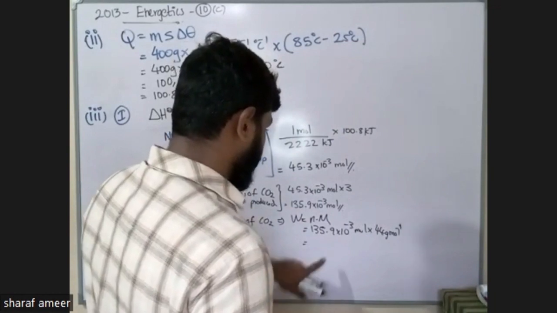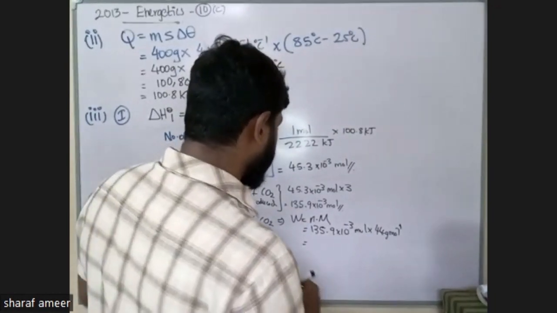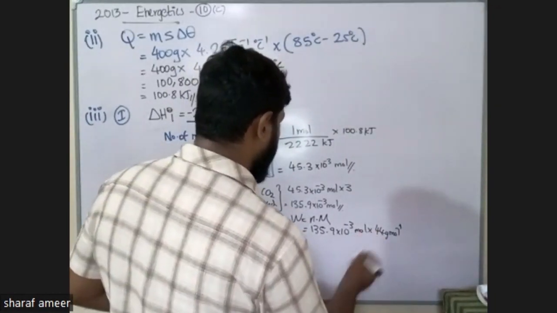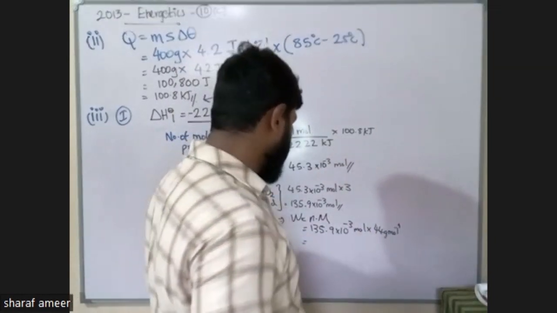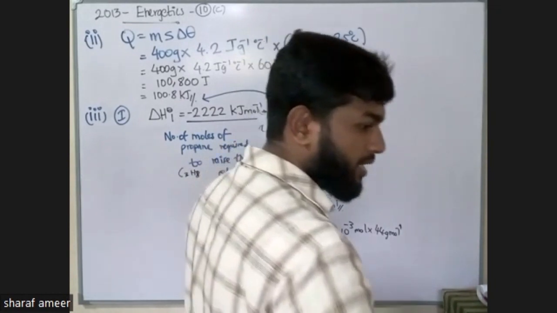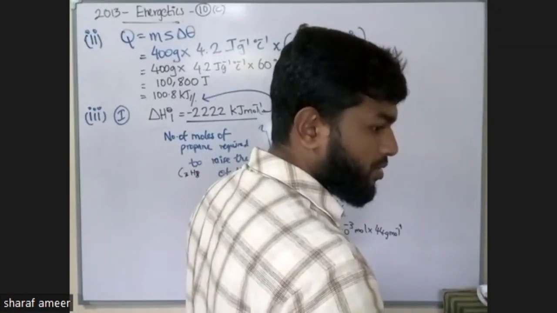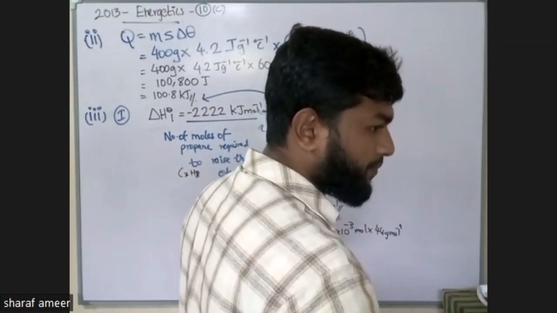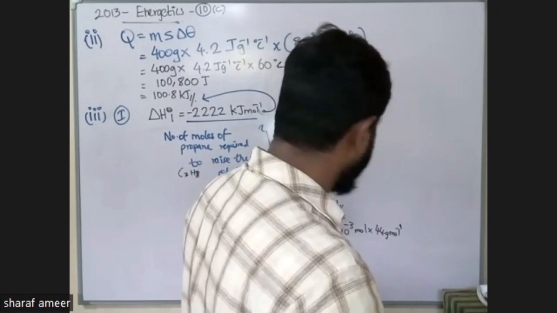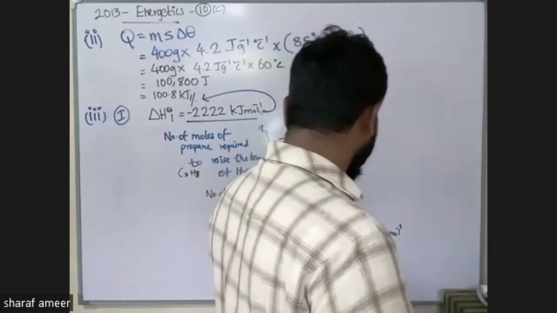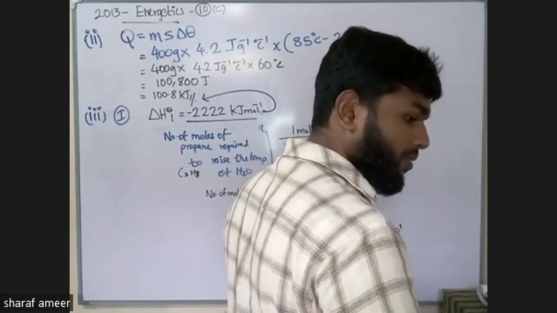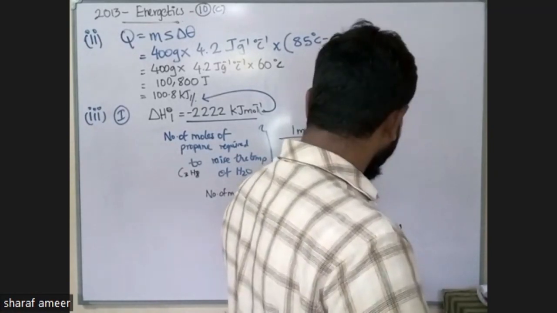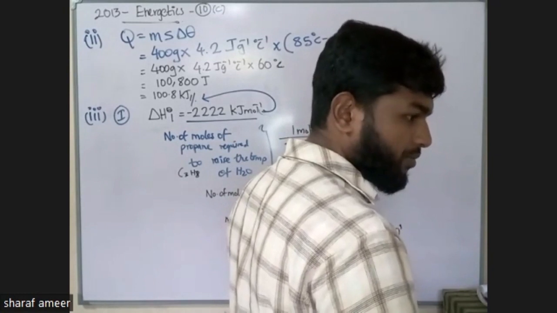So therefore, by seeing here, we can multiply this one here, right? So by further simplification, 135.9 into 44.